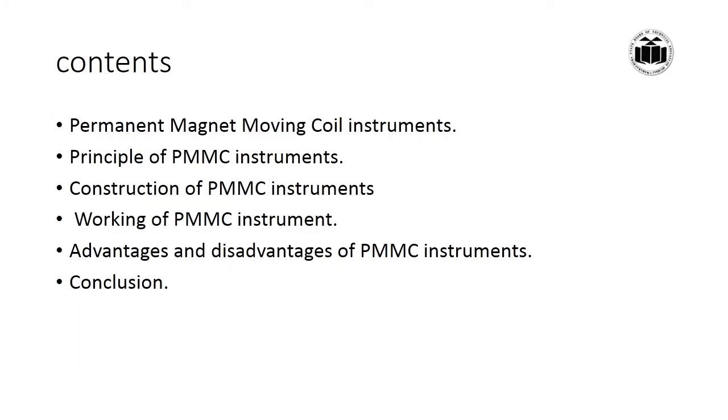The things we are going to learn in this learning outcome are permanent magnet moving coil instruments, principle of PMMC instrument, construction of PMMC instrument, working of PMMC instrument, its advantages and disadvantages, and conclusion.